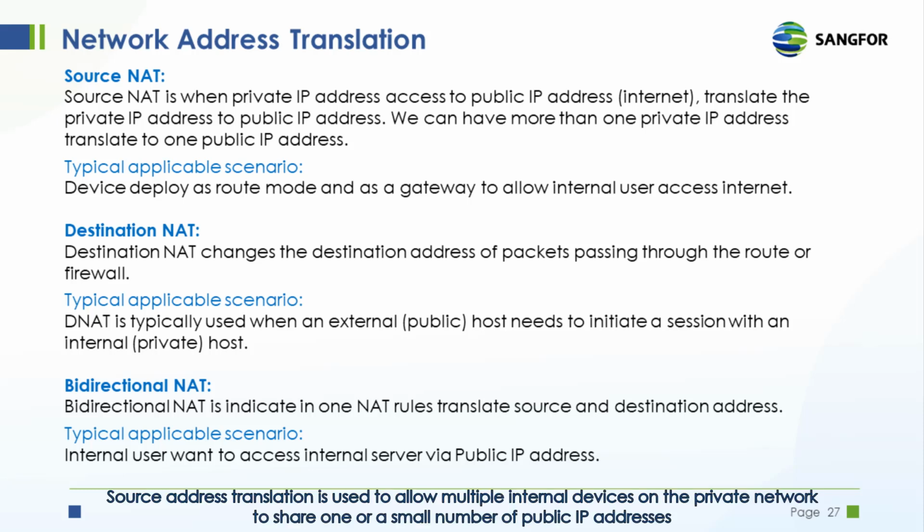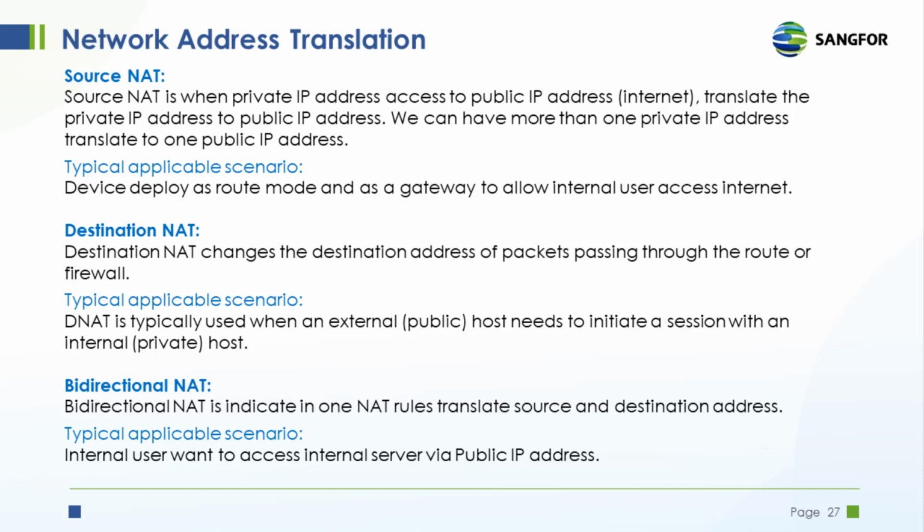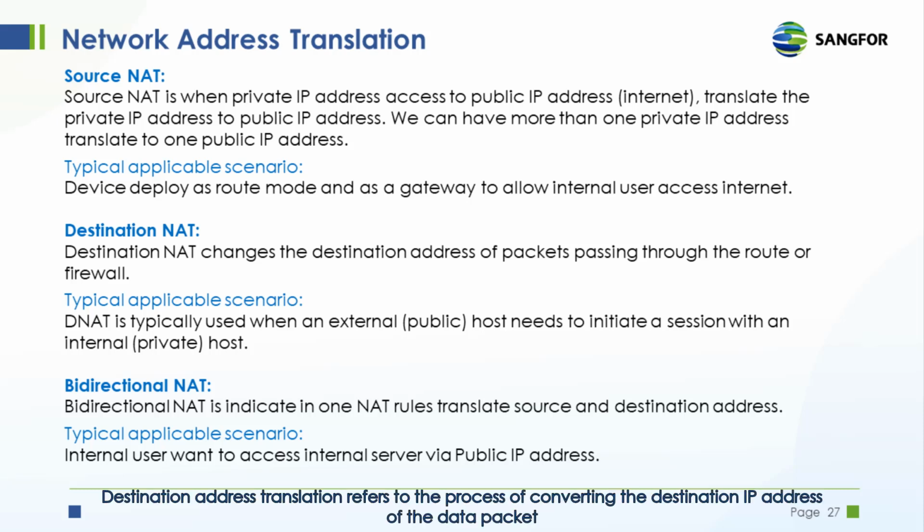Source address translation is used to allow multiple internal devices on the private network to share one or a small number of public IP addresses to access the external network, thereby alleviating the problem of IPv4 address shortage. Destination address translation refers to the process of converting the destination IP address of the data packet into a specific IP address in the internal network when it is sent from an external network to an internal network.